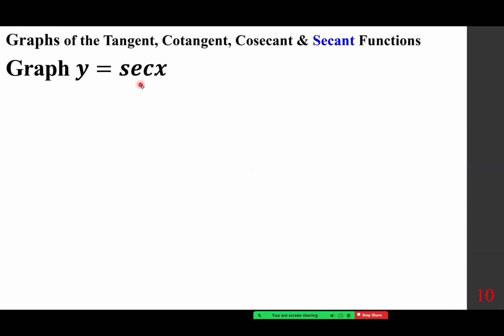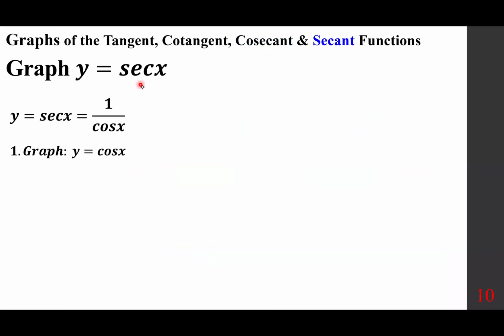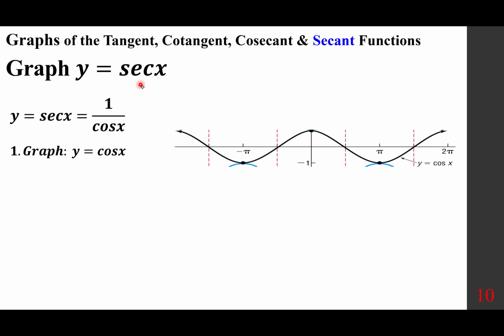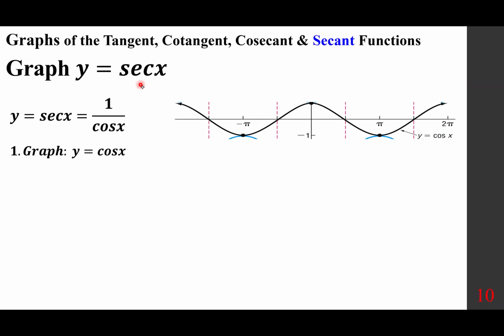Let's look at y equals secant x. That's 1 over cosine. That means we're going to graph y equals cosine x first, looking like that.